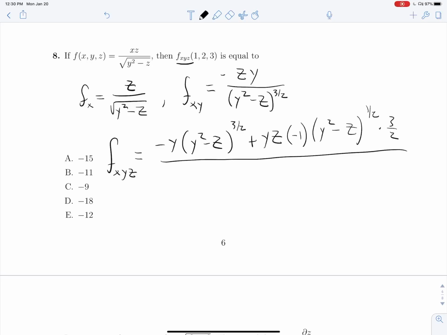All of that divided by y squared minus z to the 3rd.